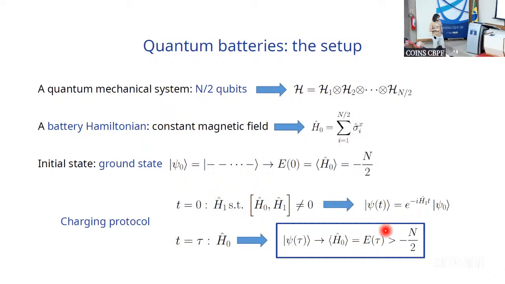Then at a given time that I call tau, I turn off this Hamiltonian and I go back, such that my energy has a different value that, by quantum mechanics, must be higher, and so I have stored some energy into the battery. So this is what we are going to do.